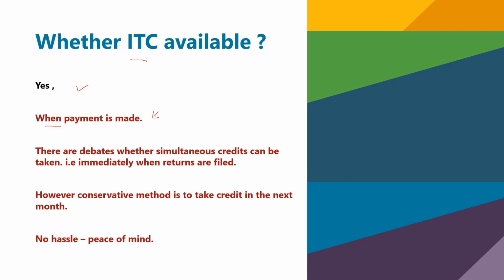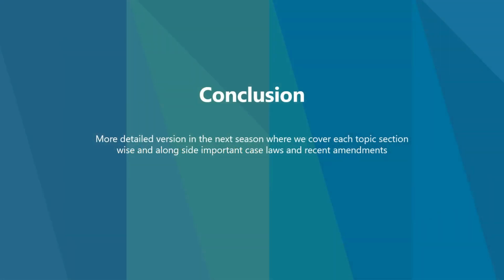So the conservative method is to take credit in the next month, like this month you pay the taxes, next month you can take the input. This will be a better approach, and you will not lose out, as per se the volume of RCM credits is quite less when compared to the normal forward charge credits.